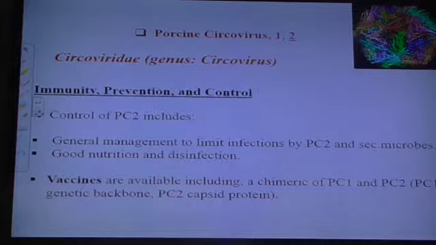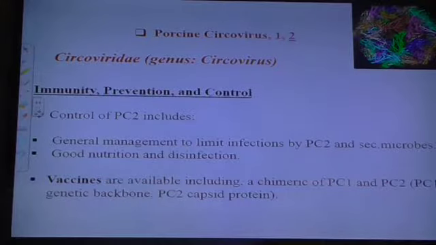So PCV1 is the backbone, and the genes it carries encode proteins that belong to porcine circovirus 2.